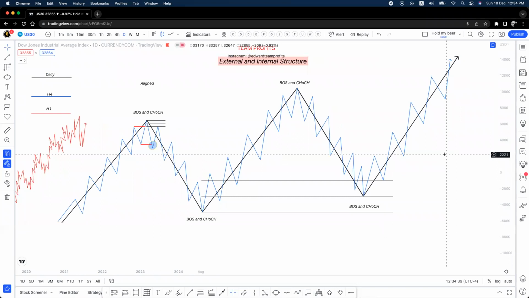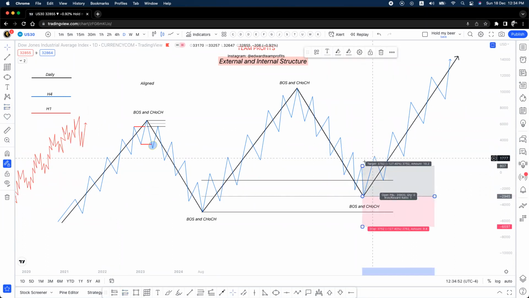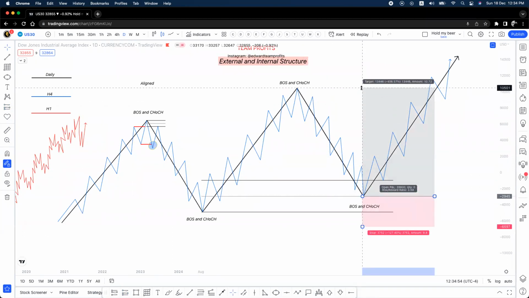So now you know that the market is touching and has touched the 50%. Good. It's a sign for me to get in, but I'm not going to be getting in yet because I want to get a better risk to reward. You know, if you enter there, normally the target would be here, right?